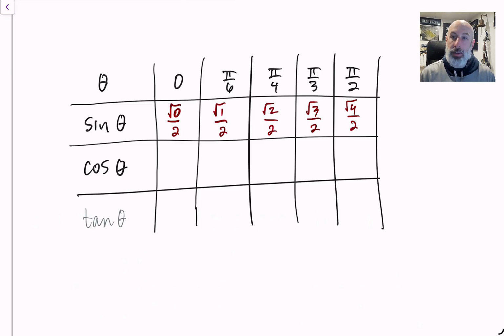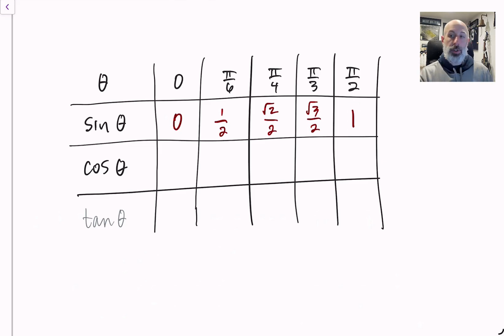So starting on the left, the square root of 0 is 0, and then 0 divided by 2 is 0. The square root of 1 in pi over 6 is 1, so we get 1/2. The square root of 2 and the square root of 3 do not reduce. The square root of 4 is 2, and 2 divided by 2 is 1.